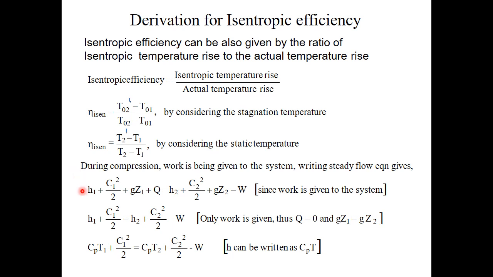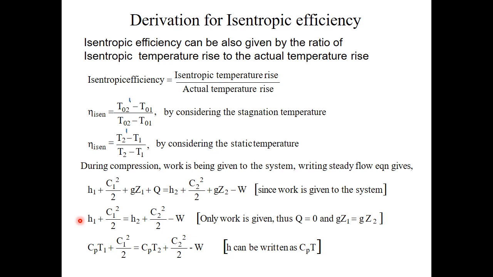Now during compression, work is being given to the system. So writing the steady flow equation, we get H1 plus C1 square by 2 plus gZ1 plus Q equal to H2 plus C2 square by 2 plus gZ2 minus W, since work is given to the system.